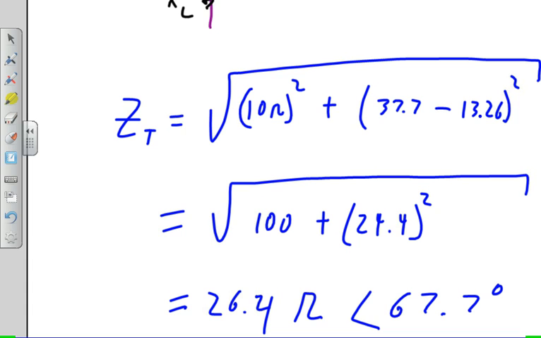I come up with 26.4 again, same as last time. I hit the XY key and I see the angle is 67.7, the same angle that I had. So with the TI-36, I'm doing a polar rectangular conversion.